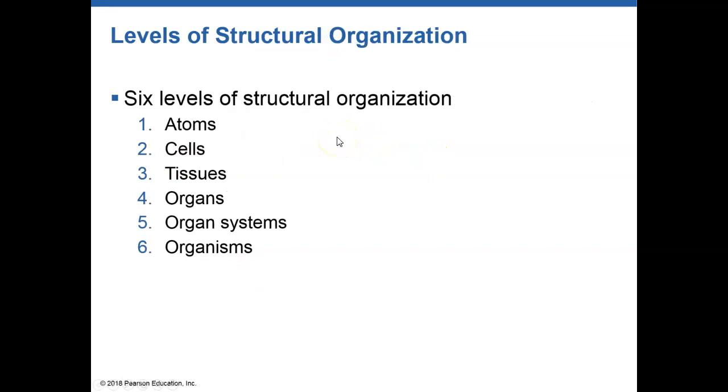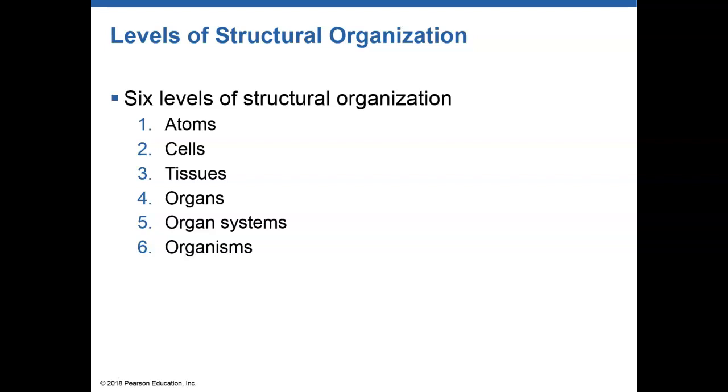Let's get into levels of organization. So all living things are organized. Whether you are a bacterial cell or a human being, you are organized. The organization level starts with the chemical or atomic level. So we have atoms that make up the different chemicals that make up macromolecules that eventually make up those cells.